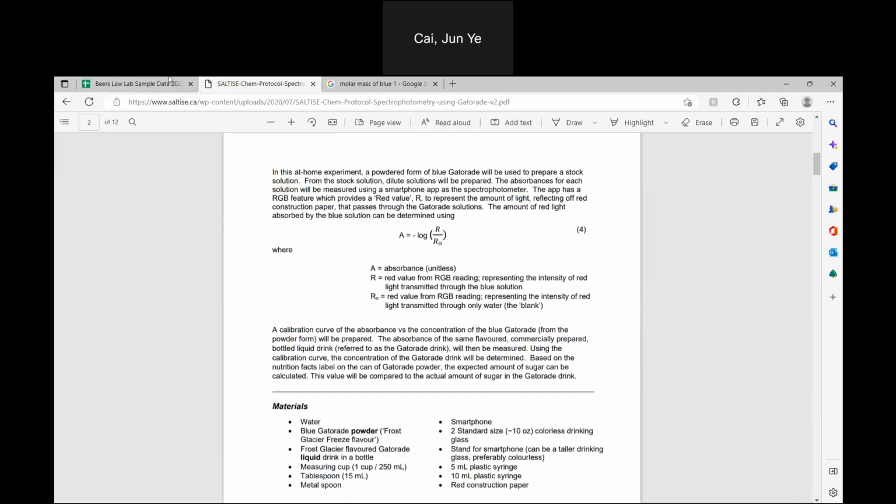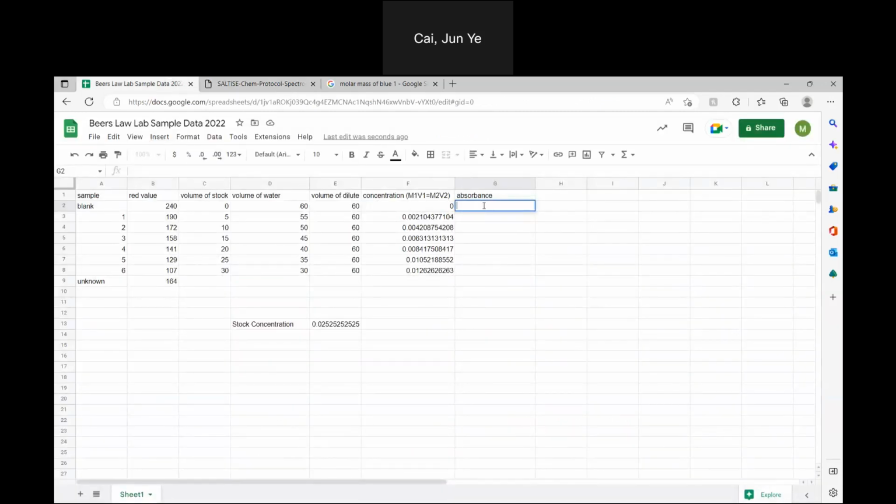To do it, we simply do equal to negative log, and then we take our red value. In this case, because we have no Gatorade in our blank, it should be this red value, B2 divided by B2, which gives us 0.